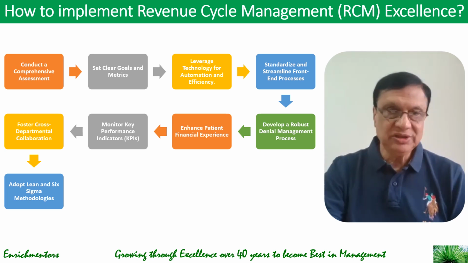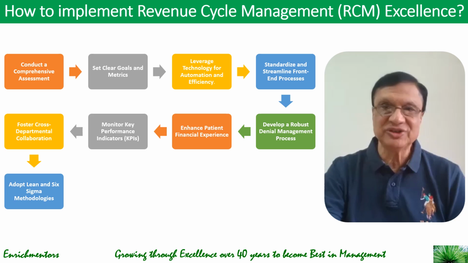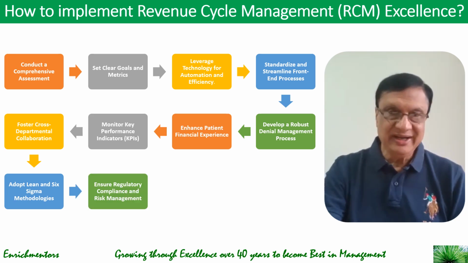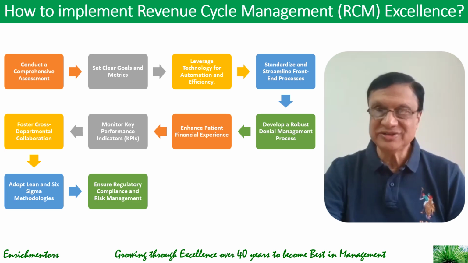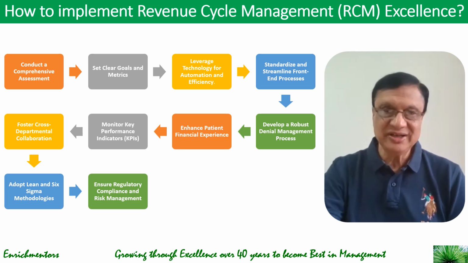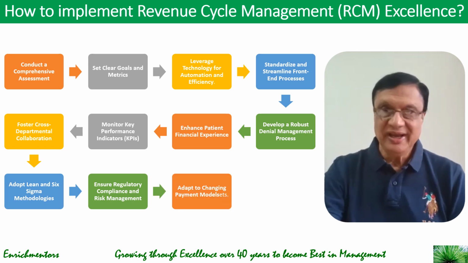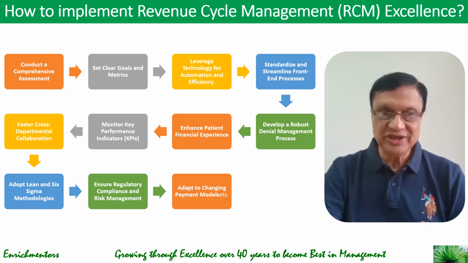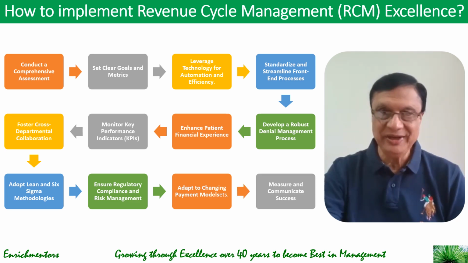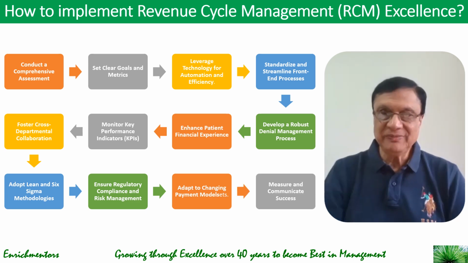Then adopt Lean and Six Sigma methodologies for continuous improvement, as we saw in the earlier section, and ensure regulatory compliance while doing all that, because any misstep in this area of compliance can lead to severe penalties, as we saw. Then adapt to changing payment mindsets, the new things that are happening, and finally measure and communicate success.